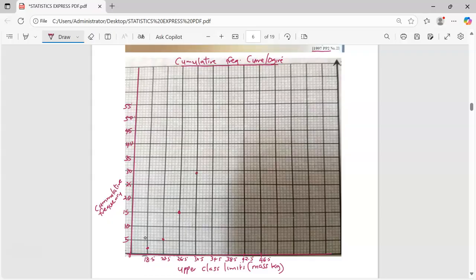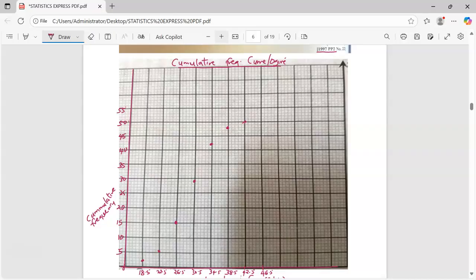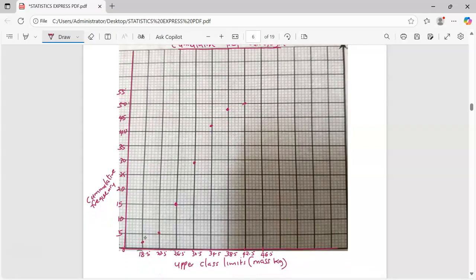At 34.5, we have 42. At 38.5, we have 48. And at 42.5, it is 50. Once we have done that, we can join all the plotted points so that we form our ogive.